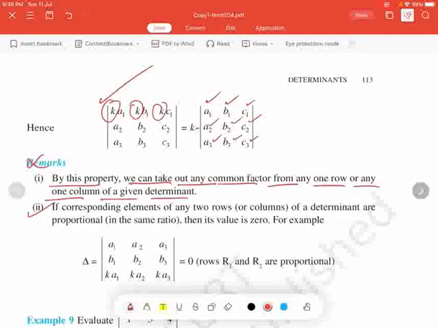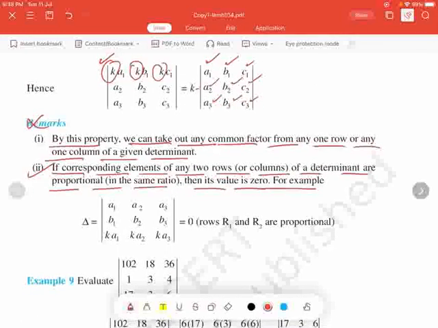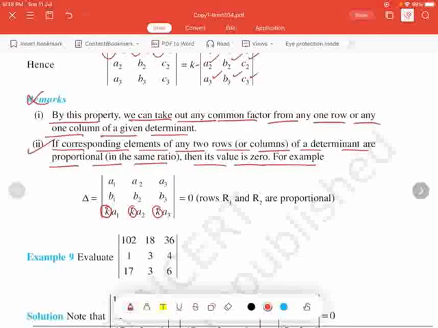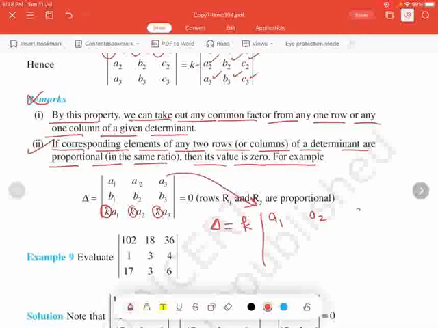The next one: if corresponding elements of any two rows or columns of a determinant are proportional, then the value of this determinant will be 0. Simply you can see, if this is k and k, then we take k common out, delta equals k times a1 a2 a3, b1 b2 b3 and a1 a2 a3.